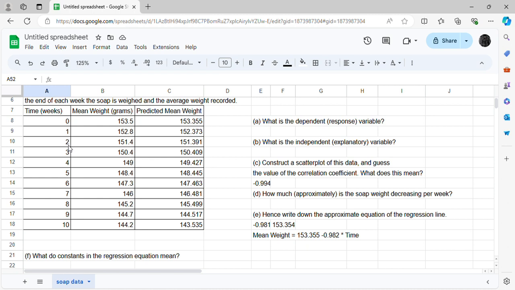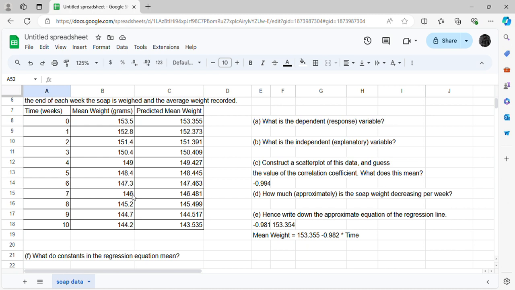After 2 weeks, it's 151.4. After 3 weeks, the average weight is 150.4 grams. After 4 weeks, it's 149 grams. After 5 weeks, the average weight is 148.4 grams.